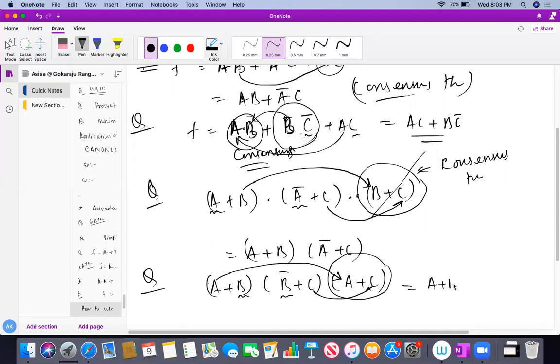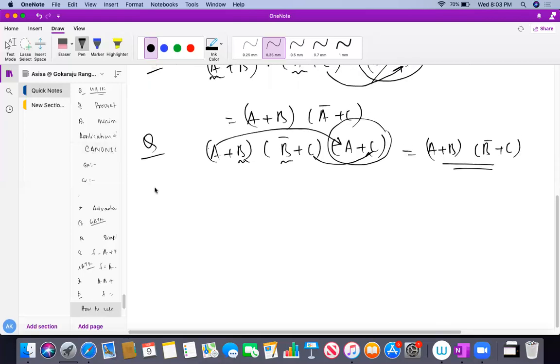A or B, B bar or C. So this is the simplified version. Okay, very simple, students. You need to know where you are going to use, how you are going to use the consensus term. Okay, so next question, very important. So you have the last question of this part: A bar B bar, A C bar, B bar C bar. How to solve it, students?